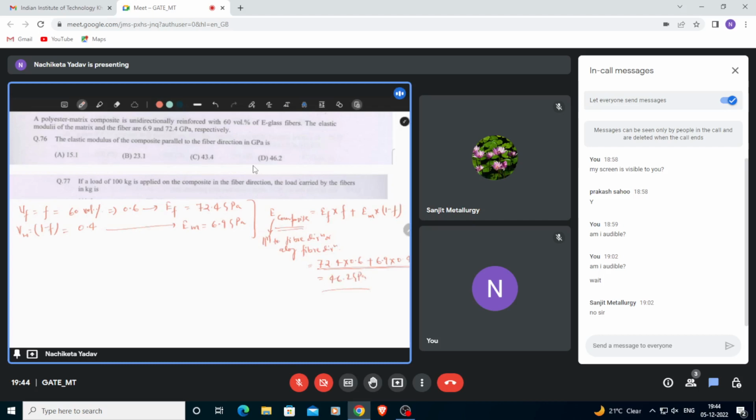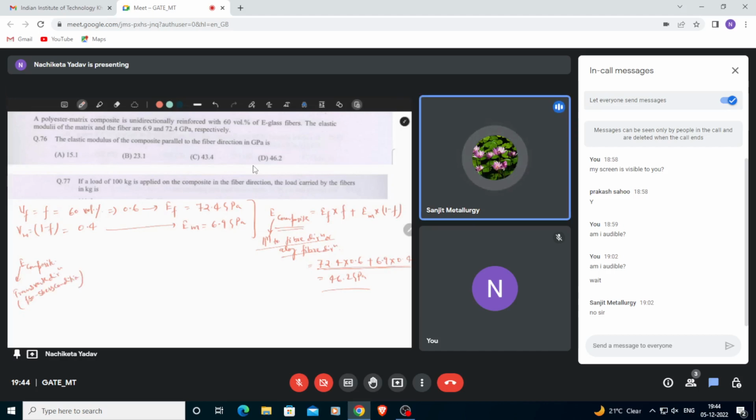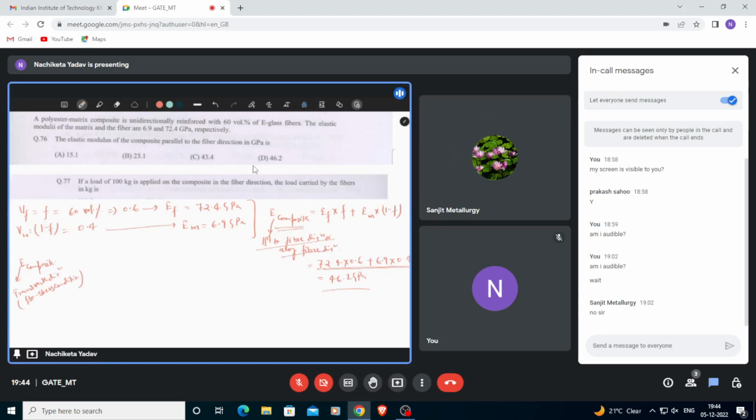And if the question asks in the transverse direction, can you tell me what E composite is in the transverse direction? Isostress condition. Here stresses will be the same.